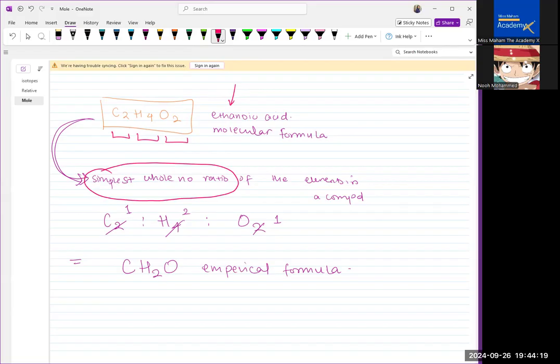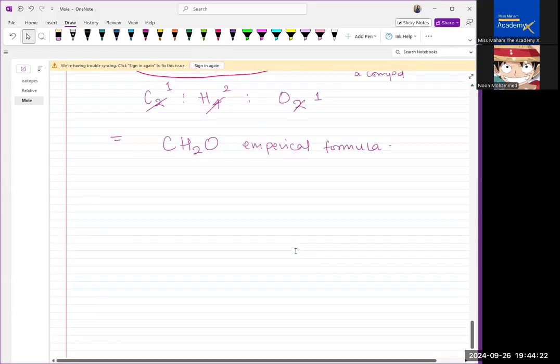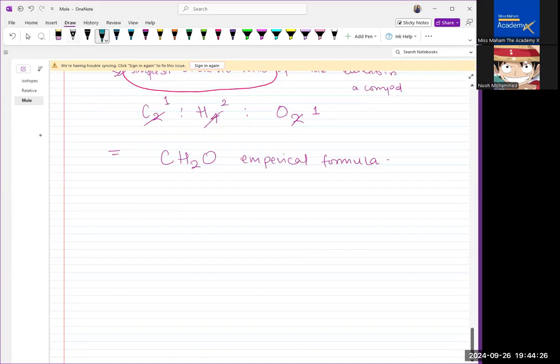Now, on to the definition for this. The molecular formula gives the number and type of each atom in a molecule.